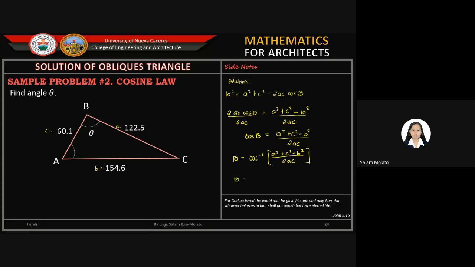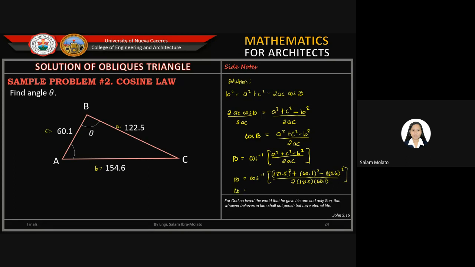A squared is 122.5 squared plus C, that's 60.1 squared, minus B squared, that's 154.6 squared, all over 2 times A, which is 122.5, and C, which is 60.1.